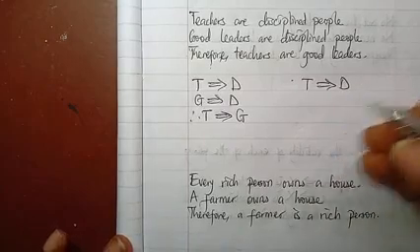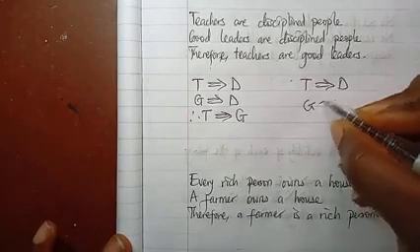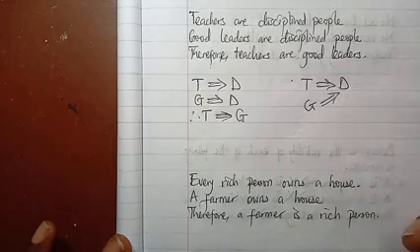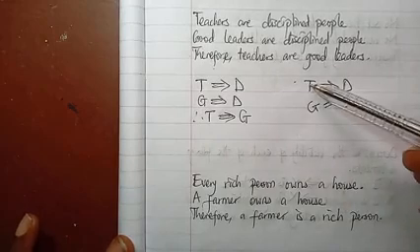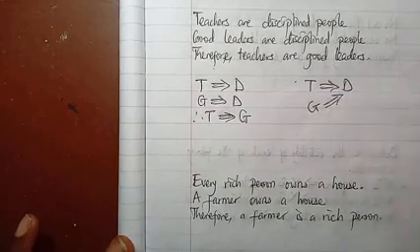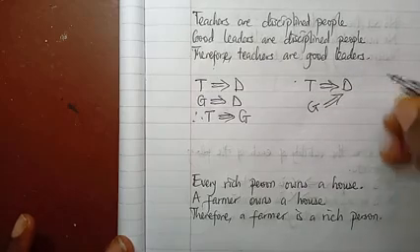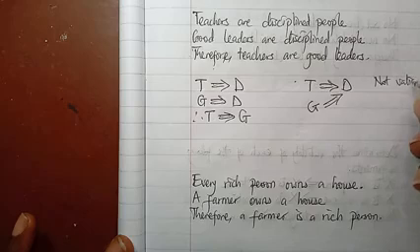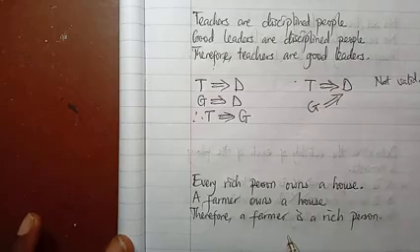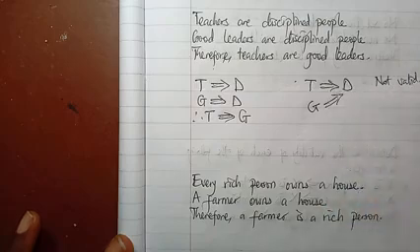Good leaders are disciplined people, maybe good leaders from somewhere are disciplined people. So is it good enough for us to say teachers are therefore good leaders? We can see this does not follow a chain. So this is an invalid argument. This argument is not valid. It does not follow the chain rule.